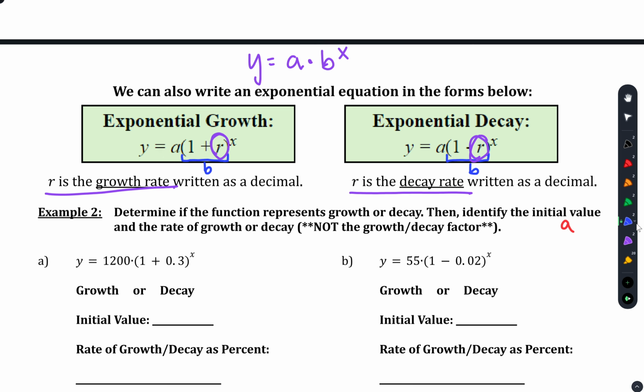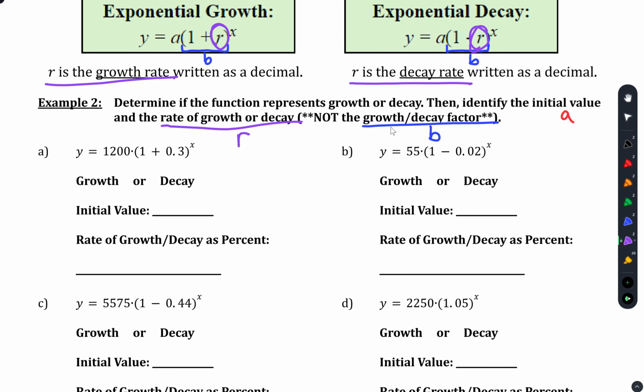If you ever see the words growth/decay factor, that's talking about the b value. But if you see rate of growth or decay, it's asking for the r value. It is very important that you know the difference from when it's asking for b, the factor, or r, the rate. Is that clear? Okay.